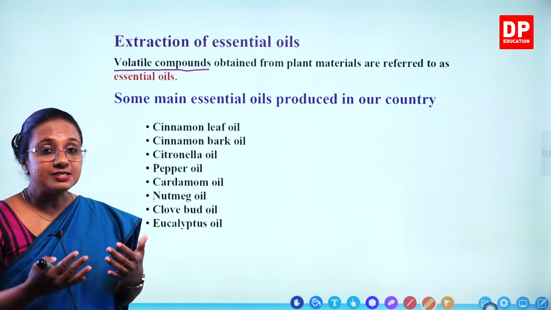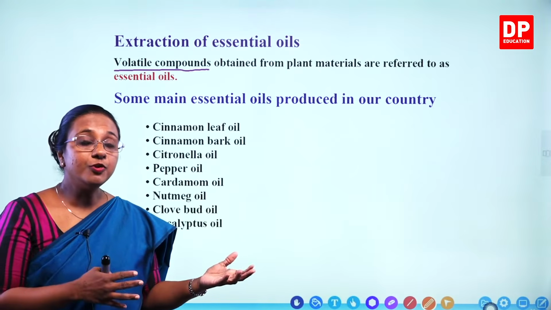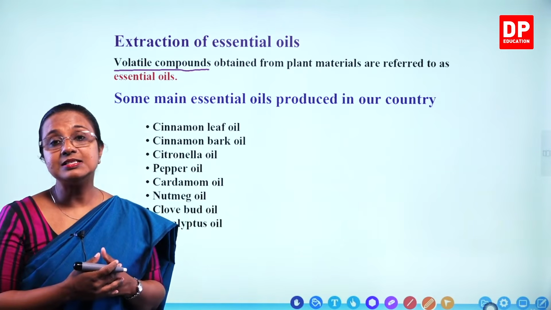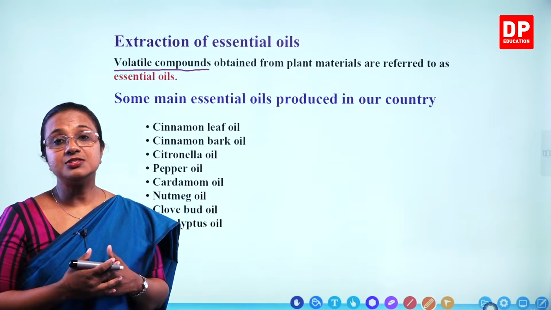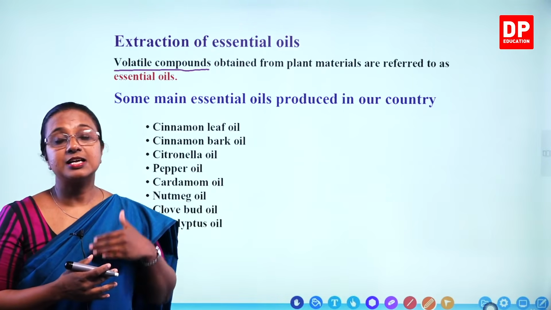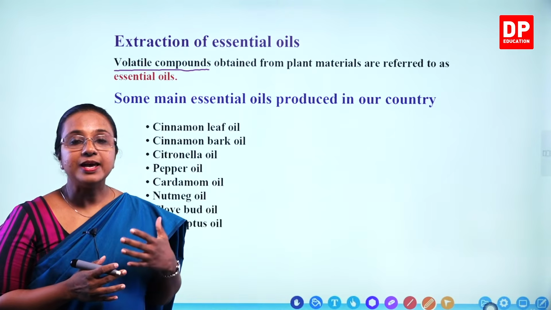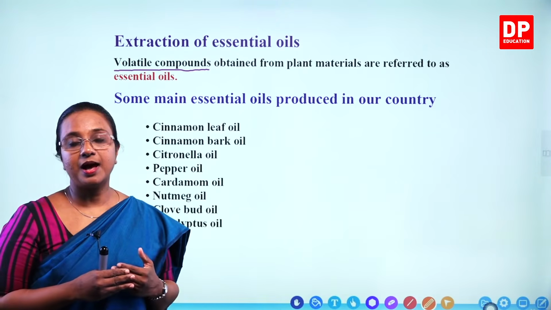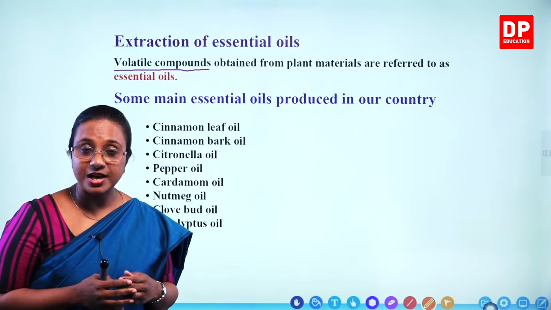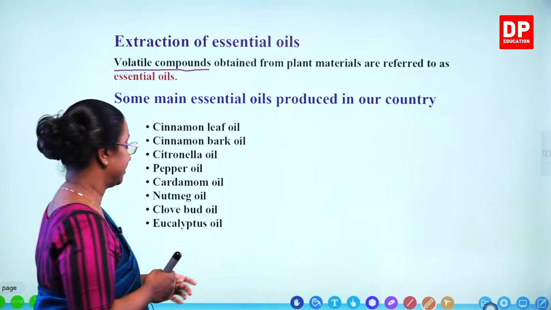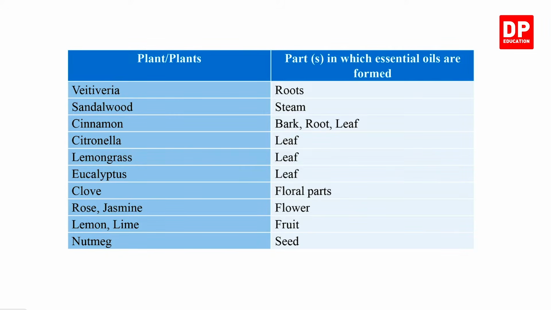They are used as essential oils in food as well as medicines, pharmaceutical industry, and we have already discussed the uses of these essential oils. First, we will look at a table where we have the different parts of the plant from which we extract different essential oils. The plant and the parts in which essential oils are formed is given to you.